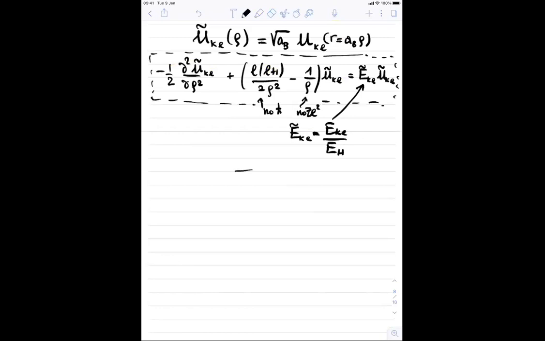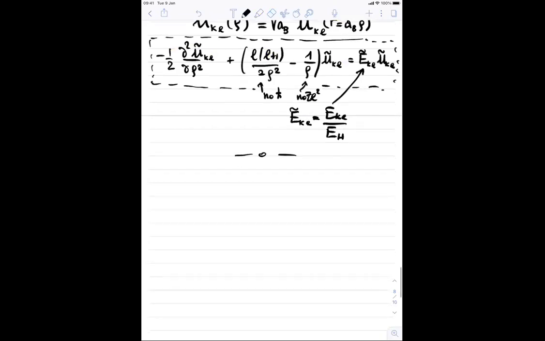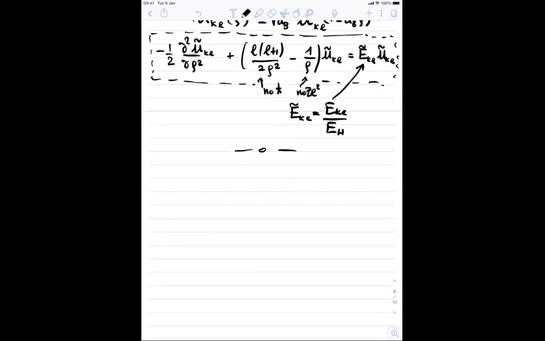Now, here in the notes, you will find some details, which I will try to summarize here for a couple of reasons. First of all, we have no time. Second, it's hard to do a lot of algebra here on this iPad, so I prefer to somehow refer to the notes.